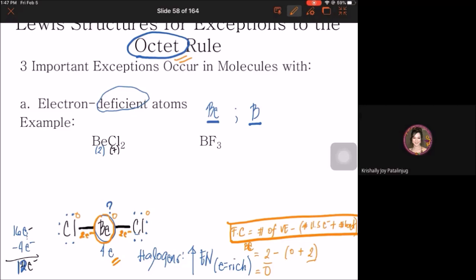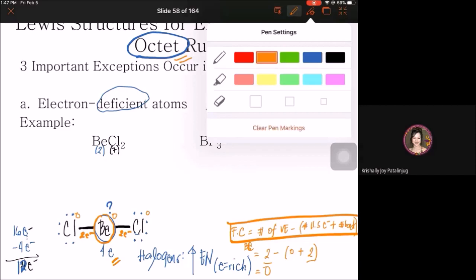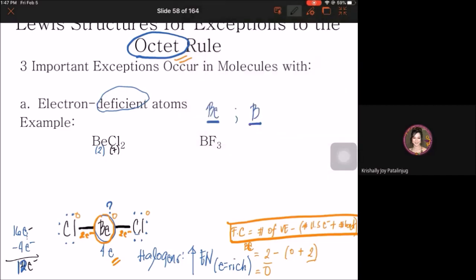Okay, the same goes with boron in the molecule of boron trifluoride. Ayan, parehas lang yan ha. Si boron trifluoride, di ba? Group 3 ba siya? Hindi ko na memorize. Okay, nasa group 3.